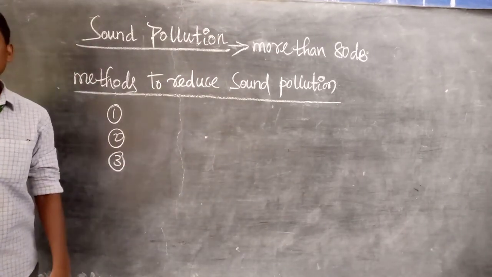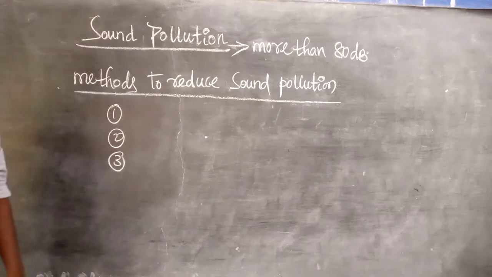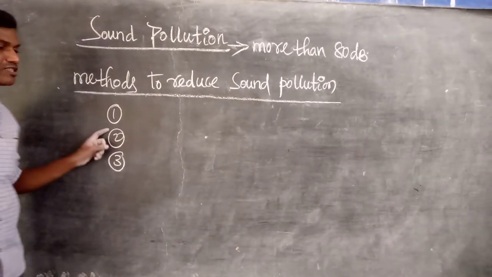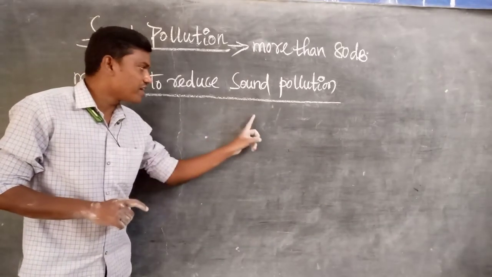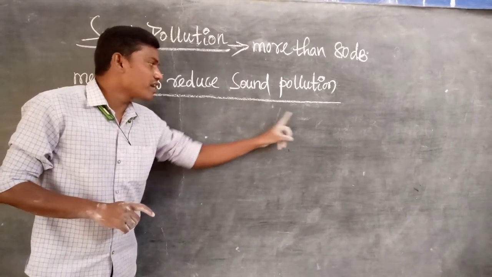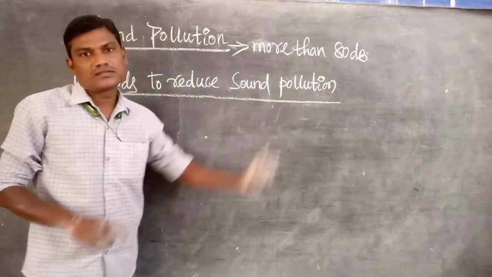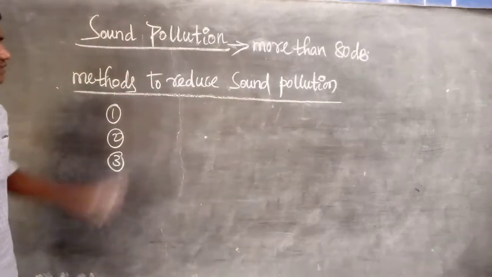Why? Because they absorb some part of the sound energy. That's why planting trees around industrial areas or factories and on roadsides near traffic is the first one.